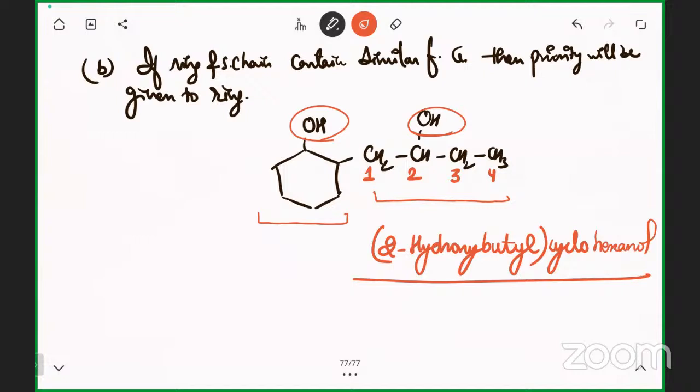So on the second position of the chain, we have OH, the 2 hydroxy, 4 carbon is present, then we'll use butyl. Since this ring contains 6 carbon and is cyclic, that's cyclohexane. Since OH group is present, I'm using ol, cyclohexanol. Clear?